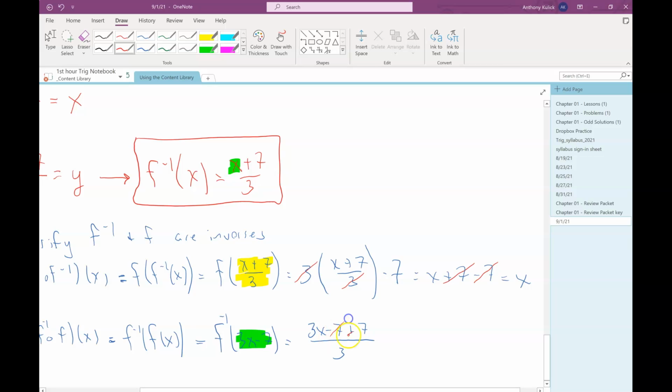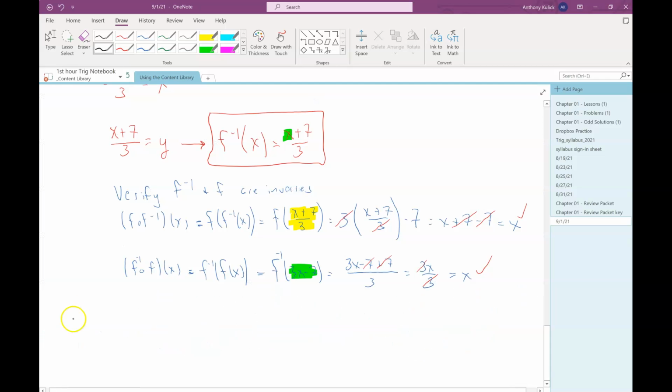So the minus 7 and plus 7 cancel. Then I have 3x over 3, so the 3's cancel. And I'm left with just x, which is what I was supposed to get if these two things are inverses. Everybody okay here? Okie dokie.